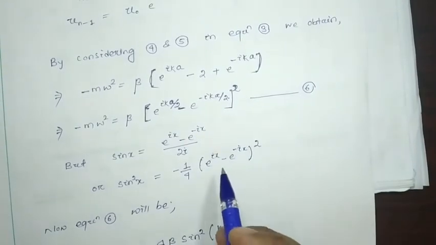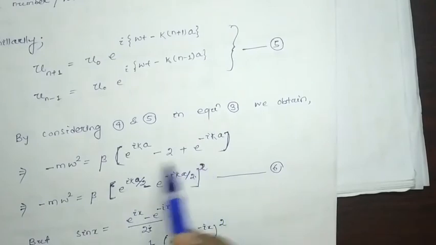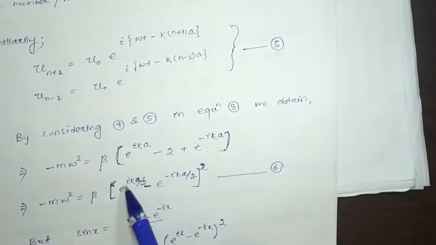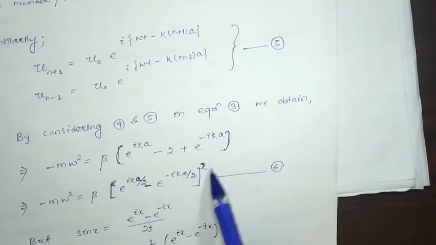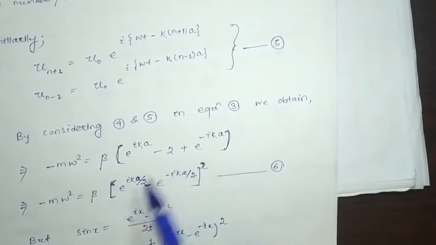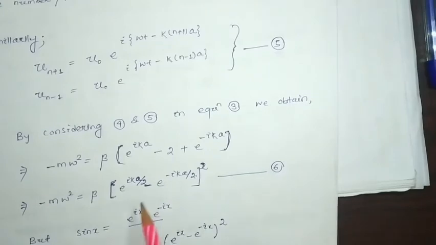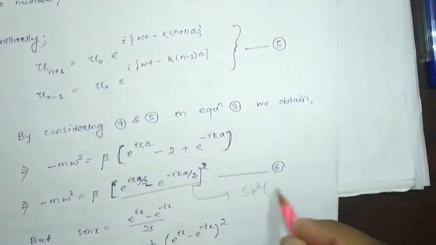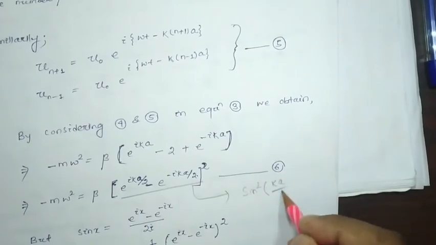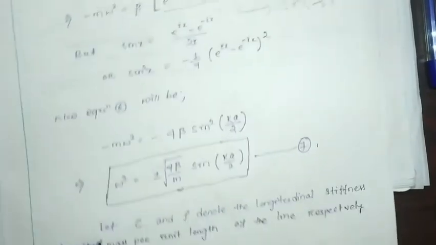Here this is also in the form of (e to the power ix minus e to the power minus ix) square. So this value can be easily written as sin square ka by 2.